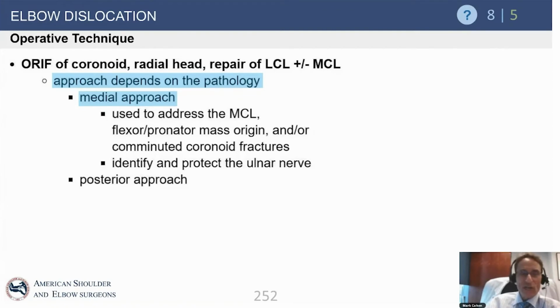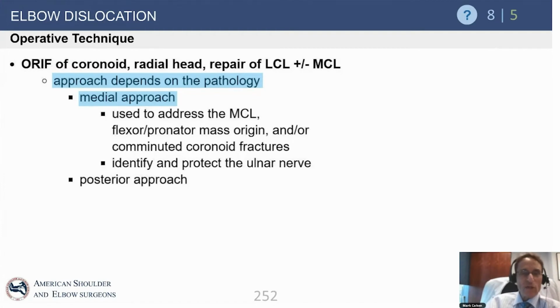For many years, I went medially and laterally on every terrible triad. What I found medially was a variable amount of tearing of the soft tissue, the flexor pronator origin and the medial collateral ligament off of the humerus.